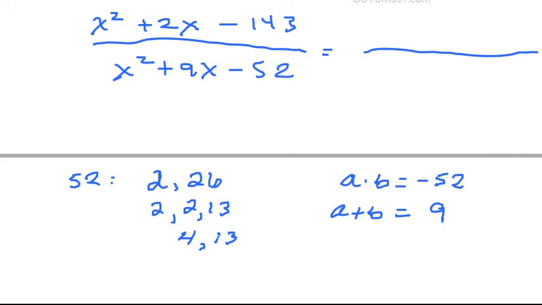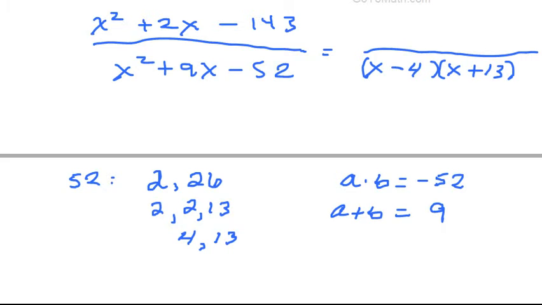That's if 4 were negative and 13 is positive. We'd be able to get 9 if 4 was negative. So go ahead and do that. 4 and 13. 4 is negative, 13 is positive.